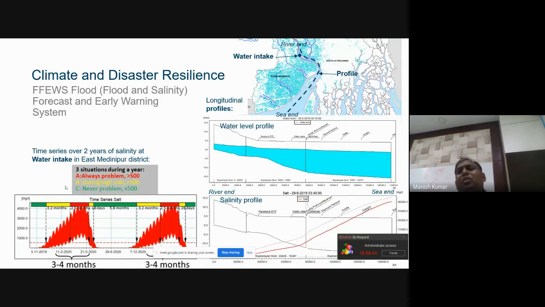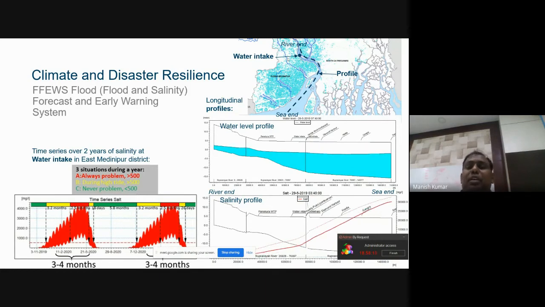And then for 1 to 2 months, there is a situation when salinity is always above the critical level, so you need to find an alternative source there. But for almost 10 months, if you can manage effectively, you can get water with salinity below the critical level, which is safe for supply. And then for the rest of the period, you can find an alternative source.